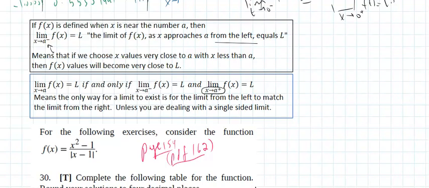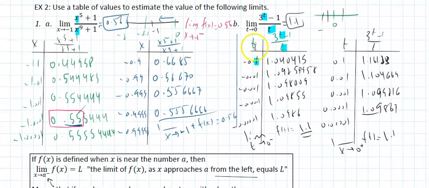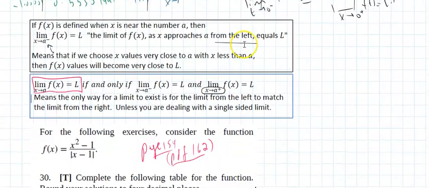And look at this star. We say the limit as x approaches 0 of 3 to the x minus 1 over x equals 1.1 if and only if the limit from the left gives you 1.1 and the limit from the right gives you 1.1. Otherwise, they don't exist. And that's how it works.